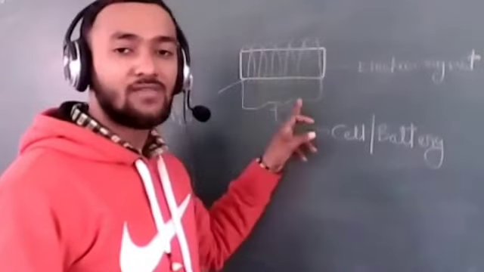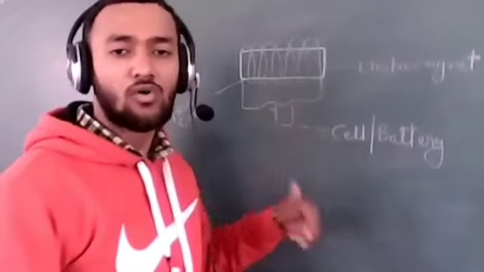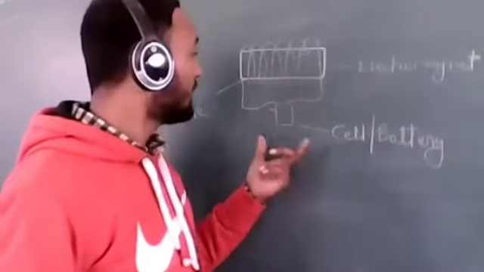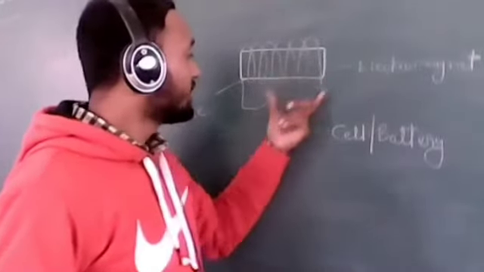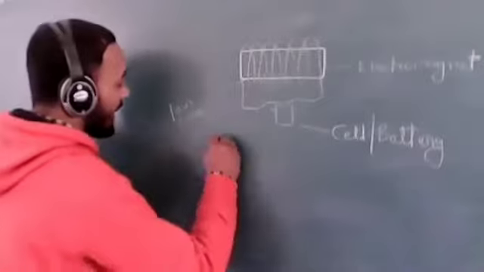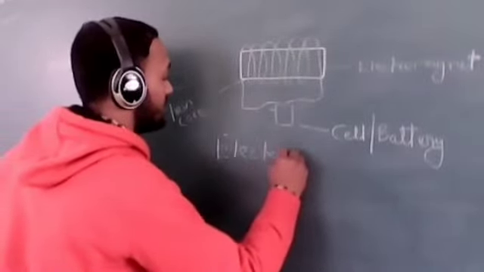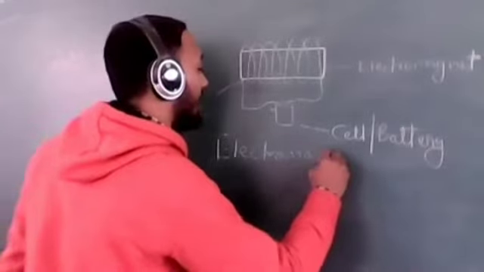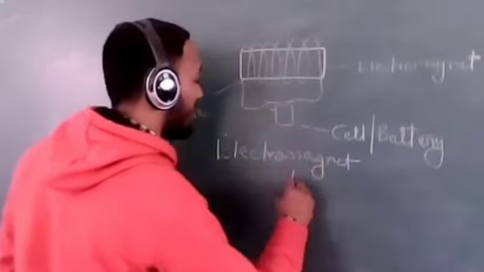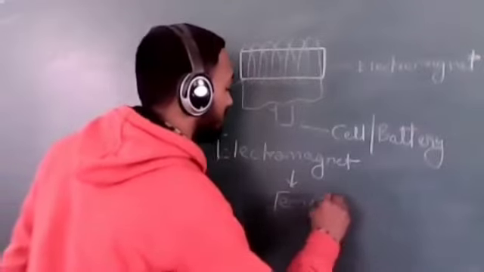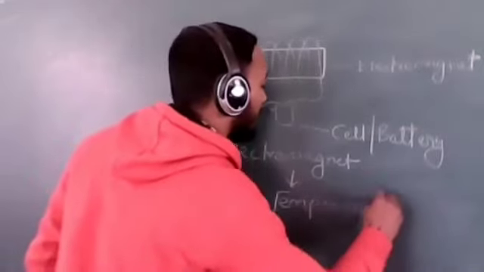It will again behave like a normal iron core or normal magnetic material. Okay. So this is a temporary magnet. So we can say electromagnet is a temporary magnet.